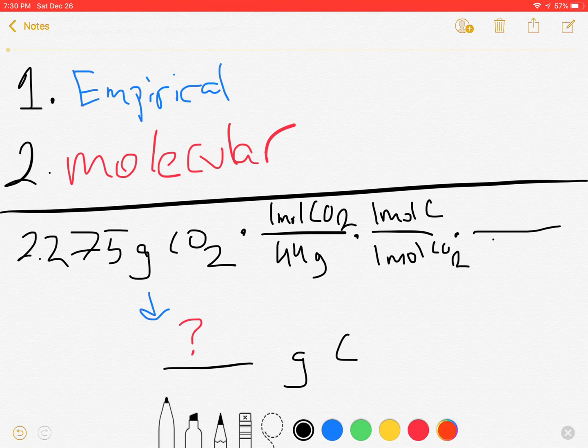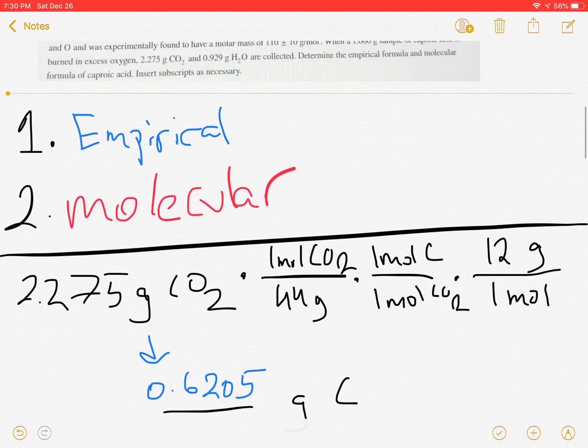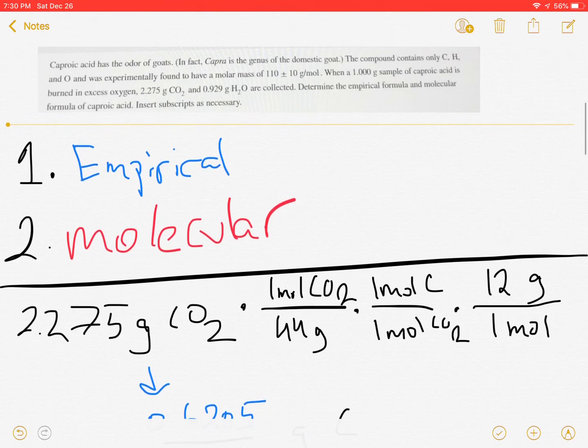Then from there, we go from moles of carbon into grams of carbon. 1 mole of carbon is approximately 12 grams. Nice. Now we can multiply all our numbers. I'm going to do 2.275 times 12, and then divide that by 44, and what we get is 0.6205 grams of carbon.